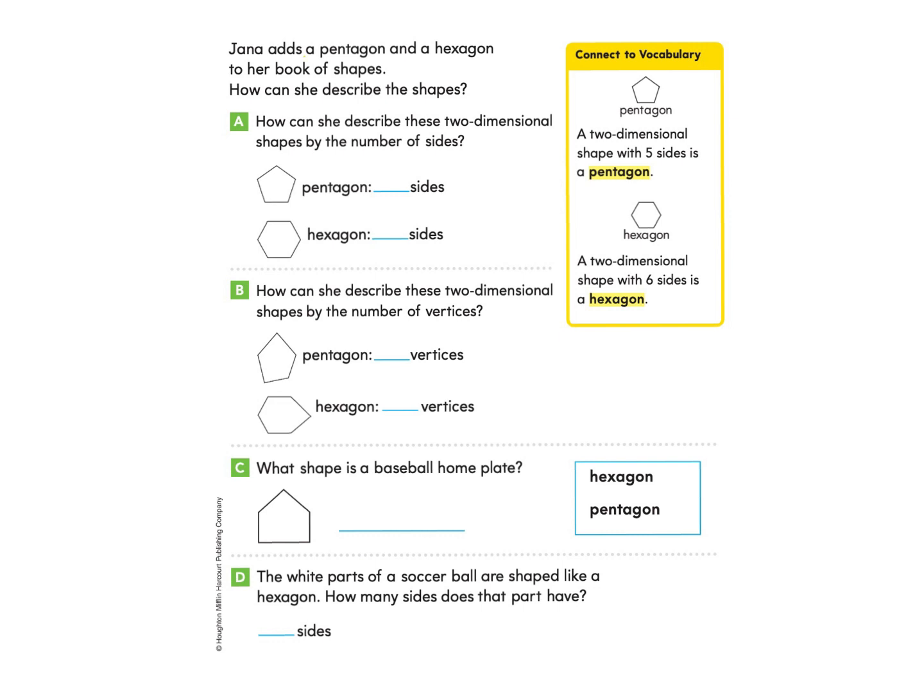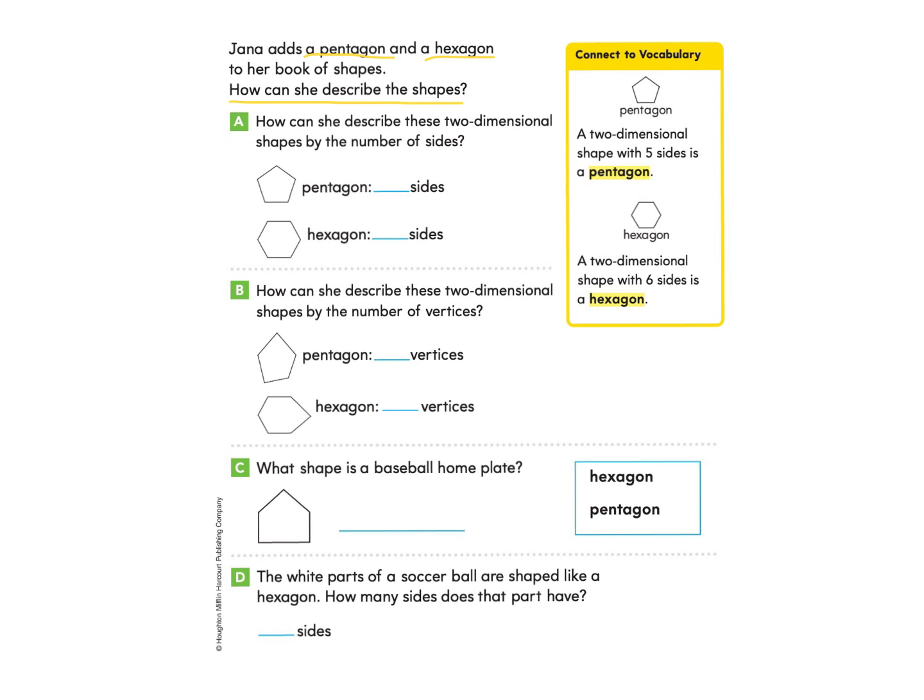Jana adds a pentagon and a hexagon to her book of shapes. How can she describe the shapes? So we'll look at part A. How can she describe these two-dimensional shapes by the number of sides? You may want to pause and try this part on your own to complete part A and come back to check your answer, or you can follow along with me.